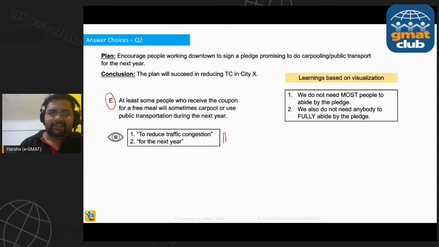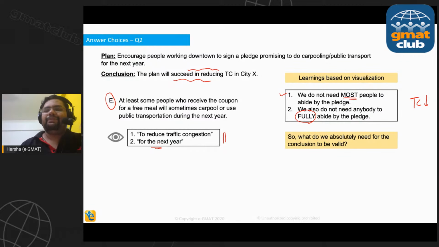My learning based on this visualization is, number one, for this conclusion to hold true, what is really required? I do not need most people to abide by the pledge. That's understood. Because of "for the next year," I also don't need anybody to fully abide by the pledge. Even 10% of people abiding by the pledge, even 10% of the time, will cause a reduction in traffic congestion. So when you think about it that way, what is really required for the conclusion to be valid?